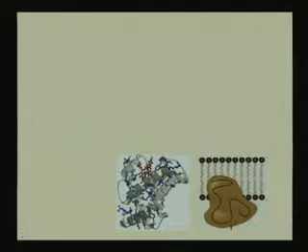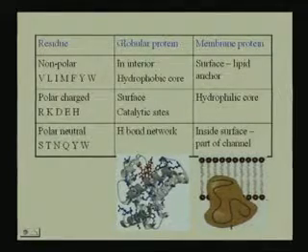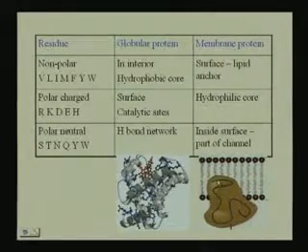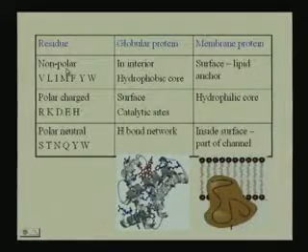Now, since you know the characteristics of the amino acids and I give you a list of amino acids, you should be able to tell me where each one occurs. Okay, so I have a list up here. So we have a globular protein, that is this. We have a membrane protein, that is this. Okay, I look at non-polar residues.